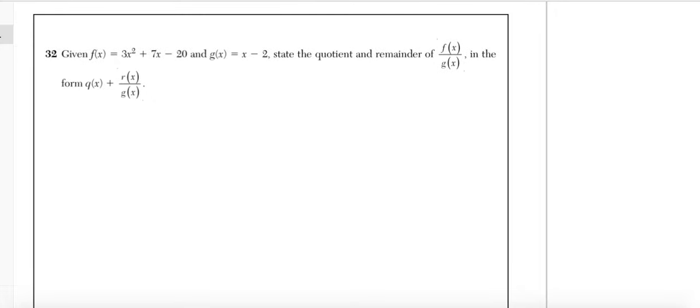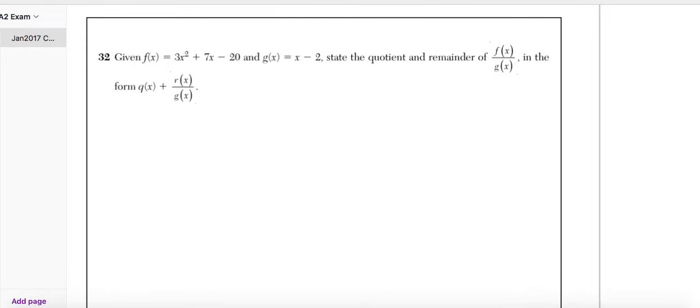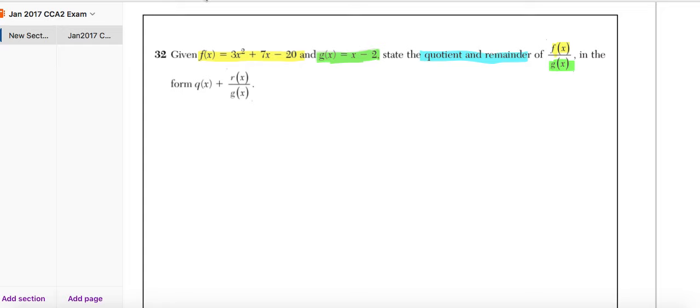Okay, given that f of x is equal to this quadratic expression, and g of x is our linear, state the quotient and remainder of f of x, which was a quadratic, over g of x, which was our linear, in the form q of x, which just means quotient, plus r of x, which is remainder, over g of x, which was just x minus 2.